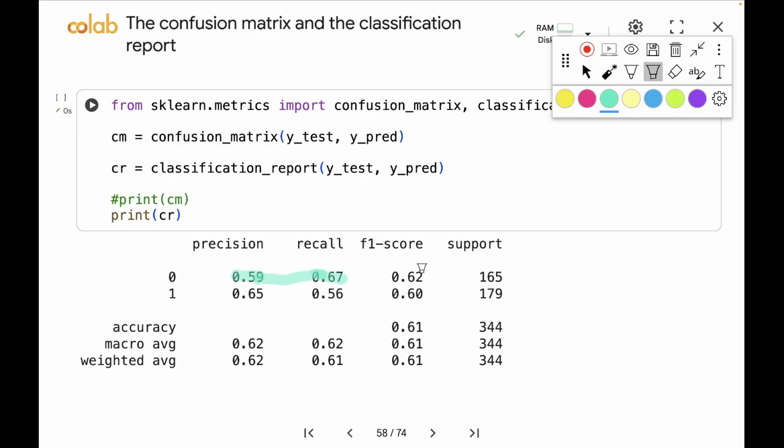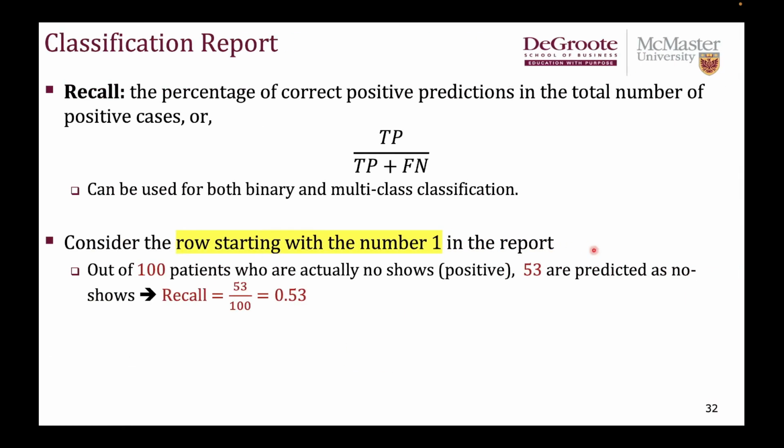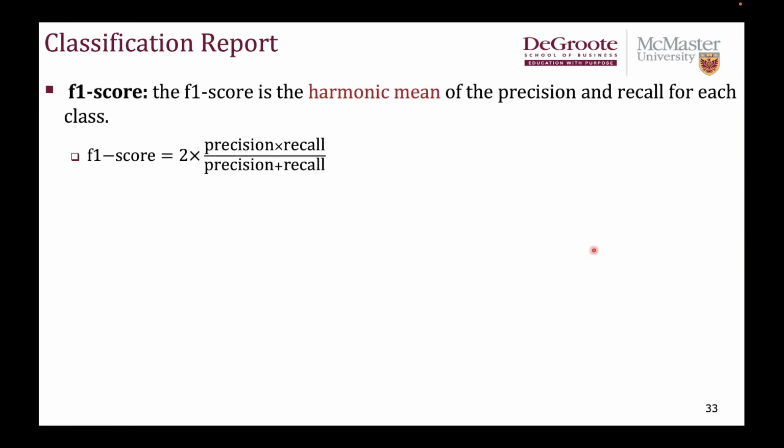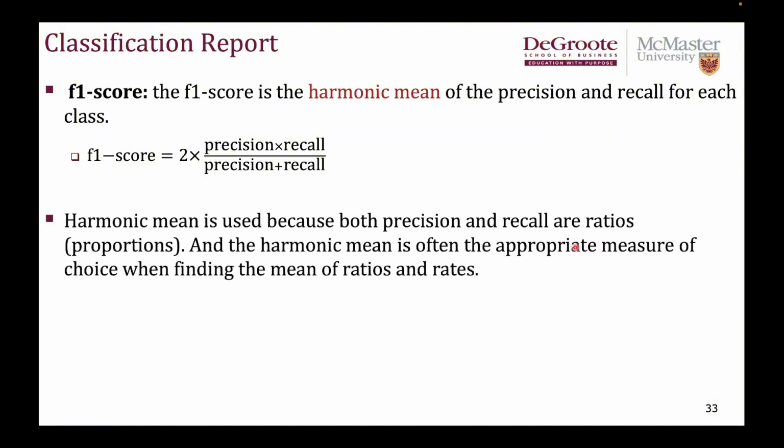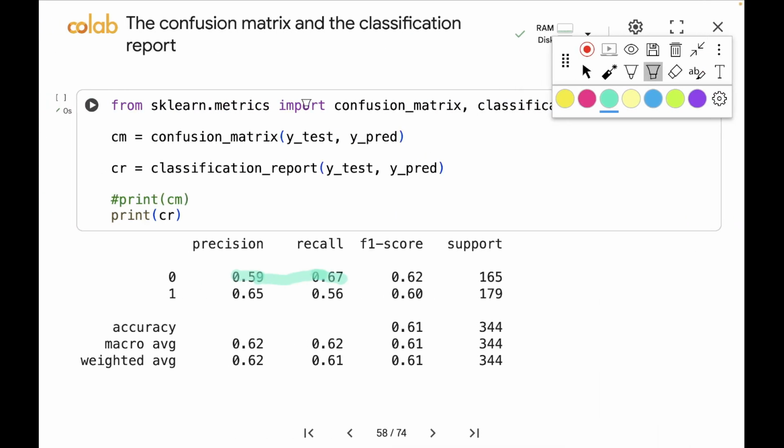Precision and recall reflect different aspects of the performance, so how about we do an average? It's not a simple average, it's something called the harmonic mean. The formula is here, but it's not too important. The idea is that it's some sort of average between recall and precision to reach a more comprehensive measure. And so this is the F1 score.